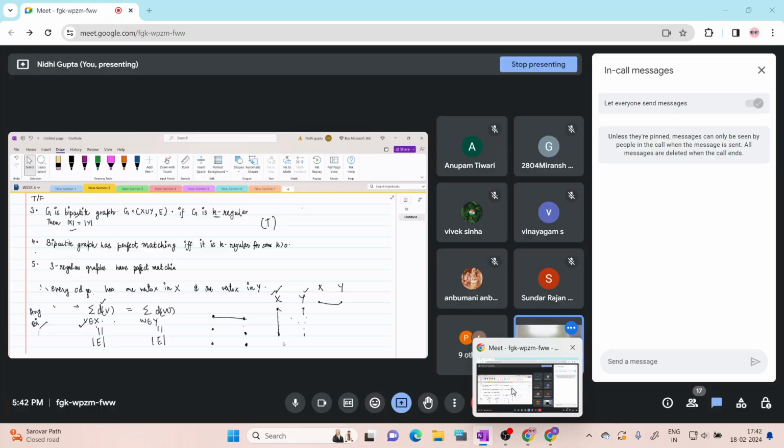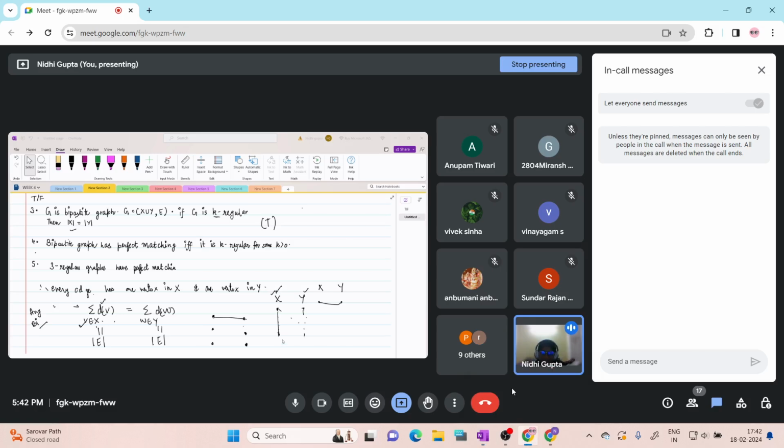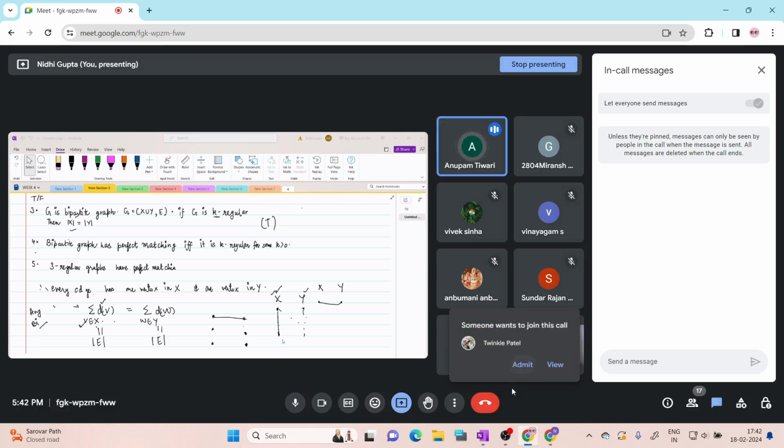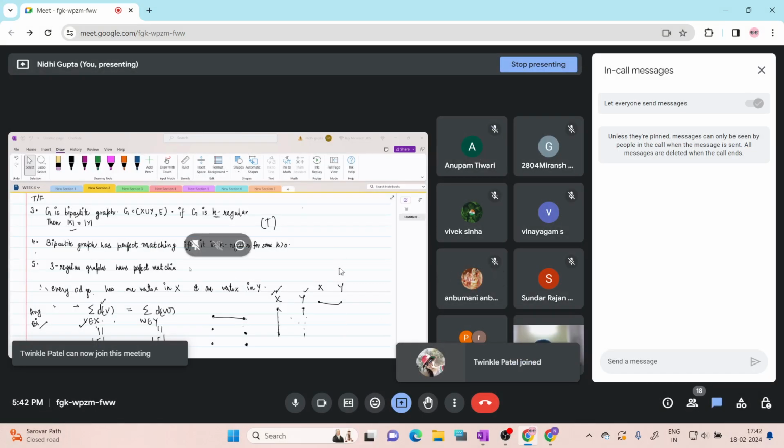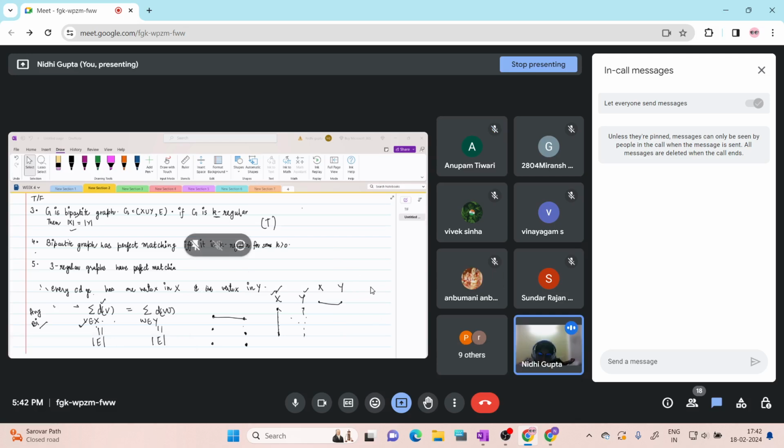Did everyone understand this argument? That is equal to n by 2 for this bipartite k-regular graph?